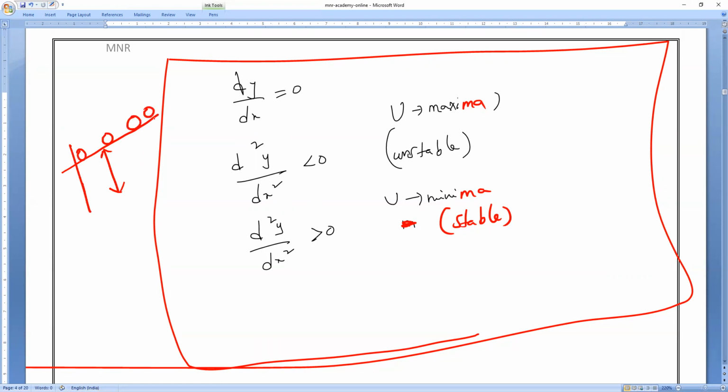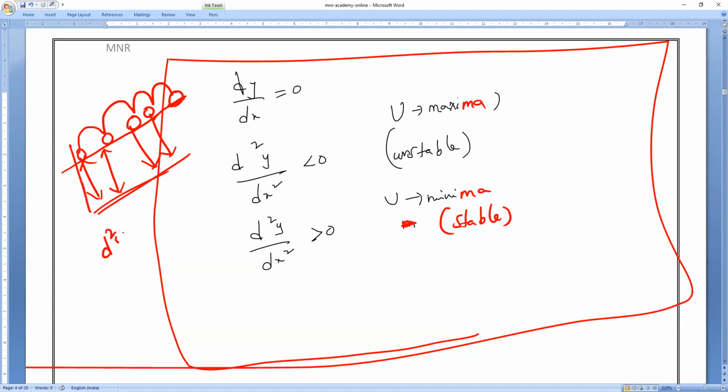Imagine the body has the same potential energy at every place. Am I right or wrong? In every new position, the potential energy remains the same. There is no change, so it is not greater than 0 or less than 0. It is equal at every point. So it remains in the same equilibrium, but in a different position. Understand?